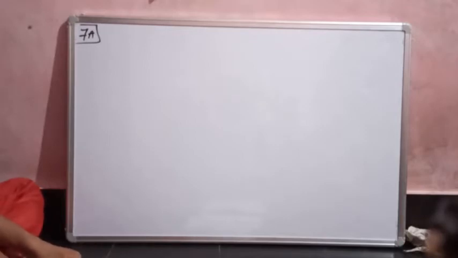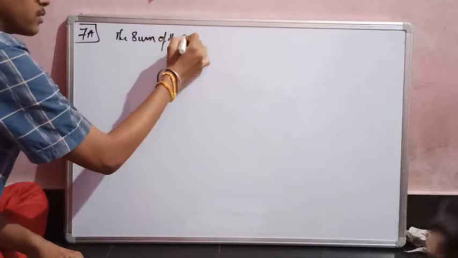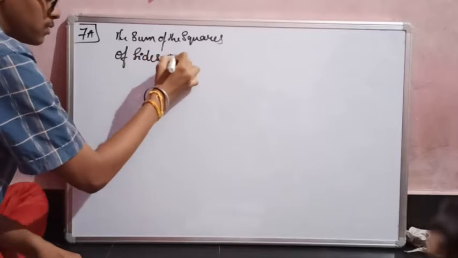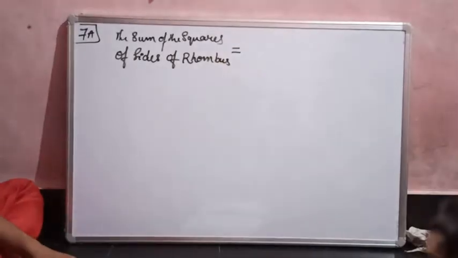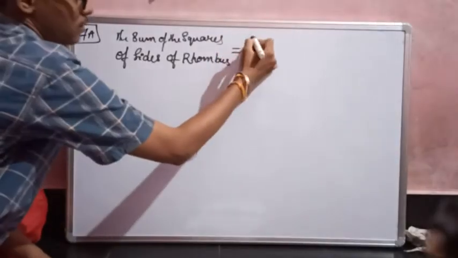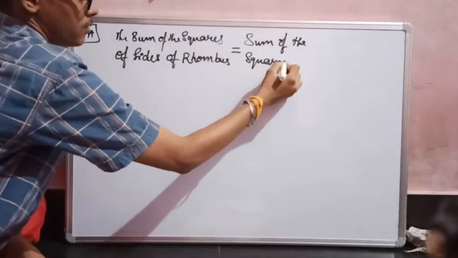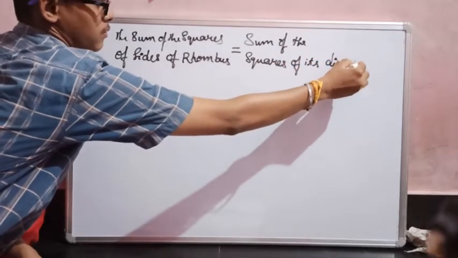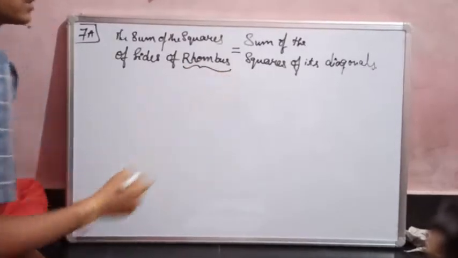We need to prove that the sum of the squares of the sides of a rhombus is equal to the sum of the squares of its diagonals.